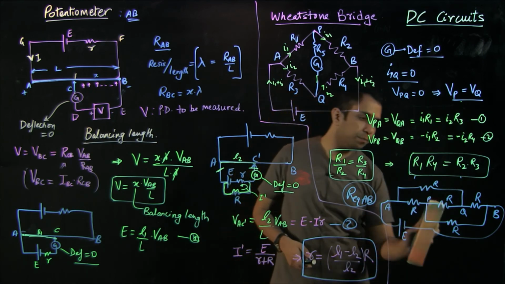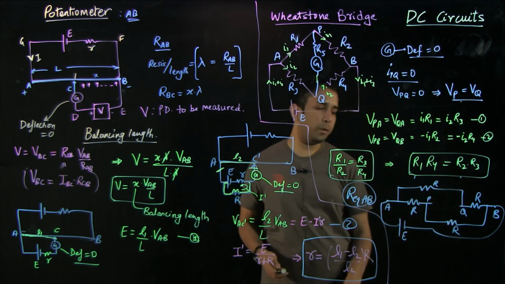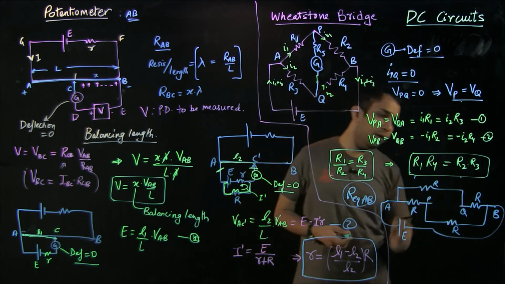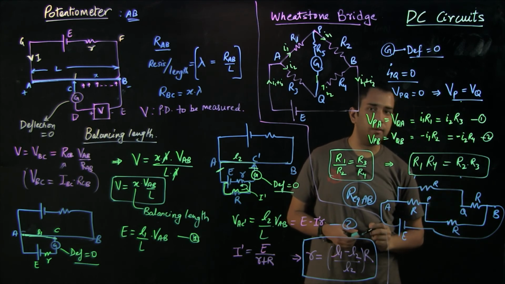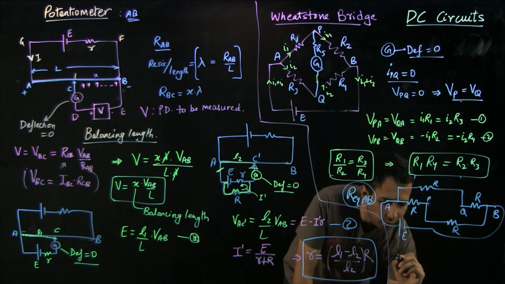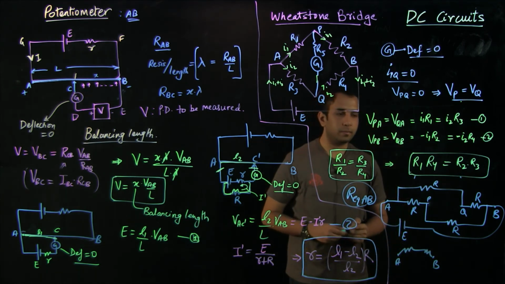First I'll just remove PQ because I know that no current is flowing through PQ. Then you can see that between A and B, two resistors are in series.